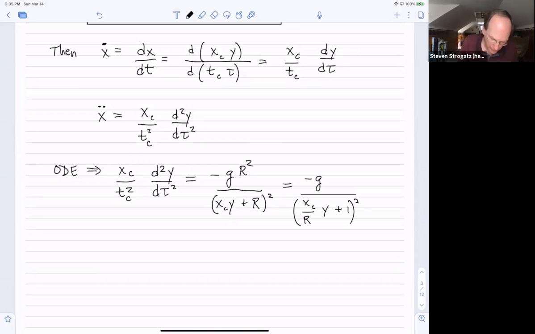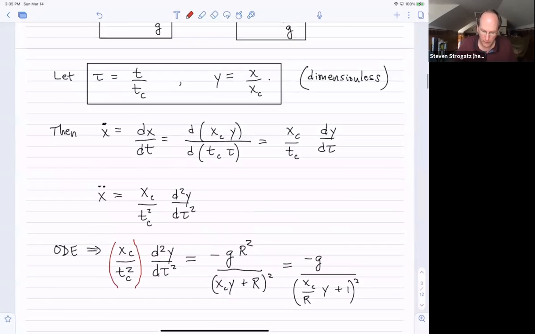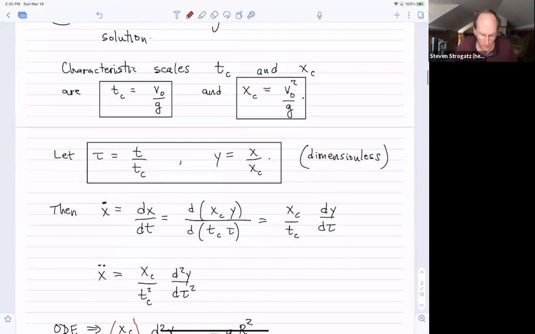Now, actually, this expression right here, if I look at that xc over tc squared, let's see what that would be. I mean, it has to be units of acceleration.